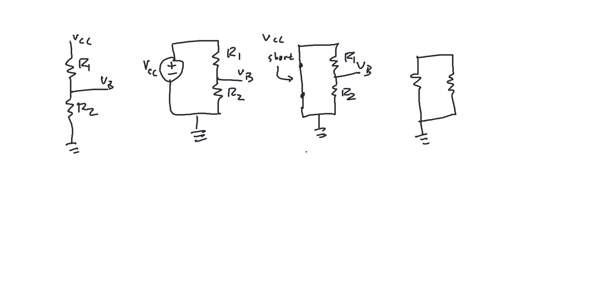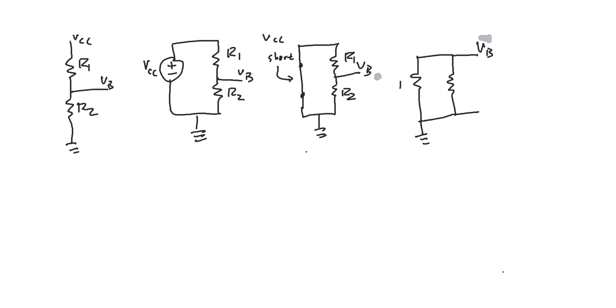And then we have these terminals, and this one is VB. Maybe that isn't obvious, but we've got VB. I wish there was a pointer I could figure out how to use. We've got VB up here, and that's the same VB as here. Let me mark R1 and R2.